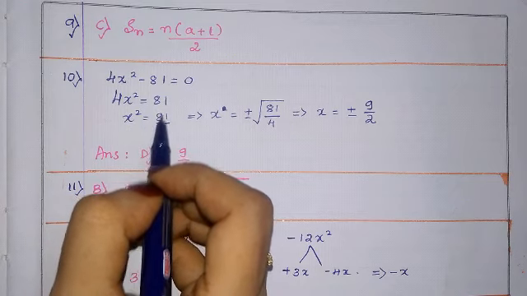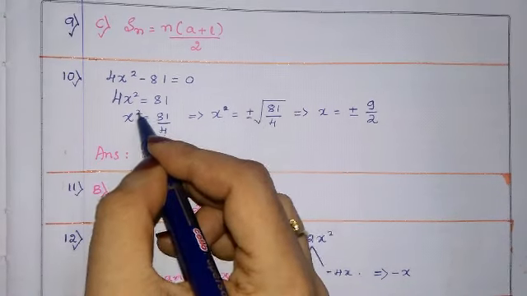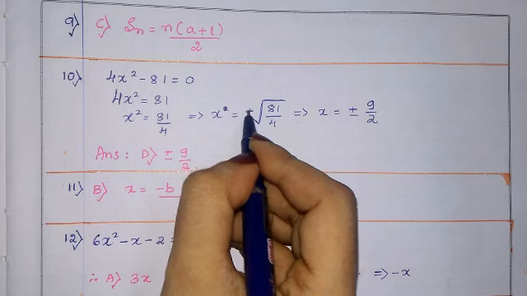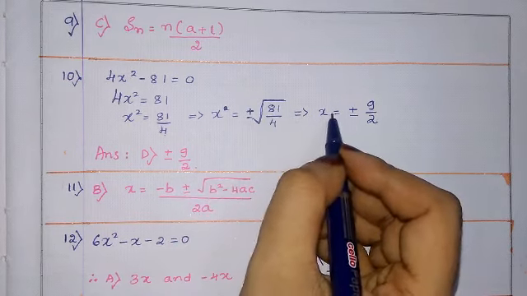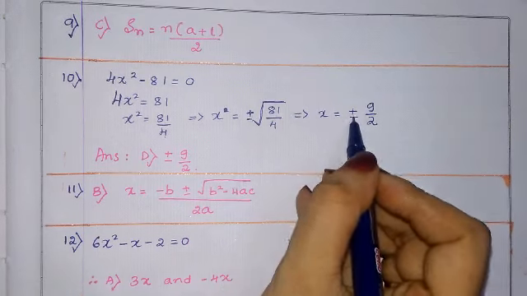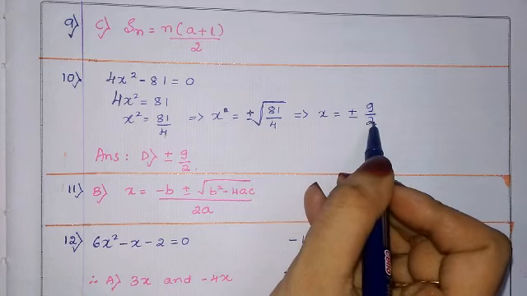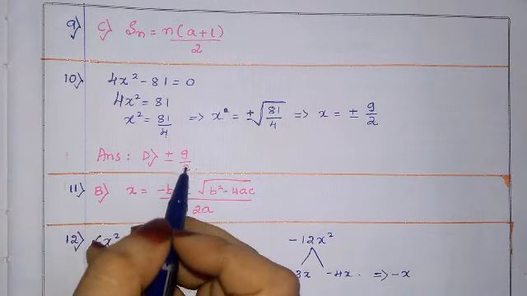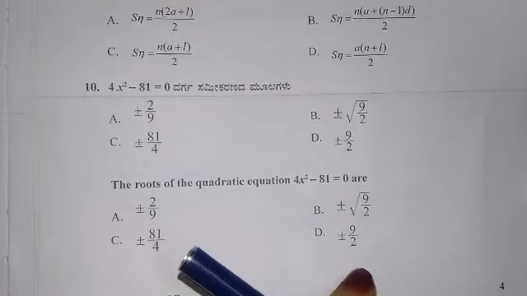X square is equal to 81 by 4. Taking the square root, a quadratic equation has two roots, one plus and one minus. So x is equal to plus or minus root 81 by root 4. Root 81 is 9 and root 4 is 2. So the correct option is D, plus or minus 9 by 2.